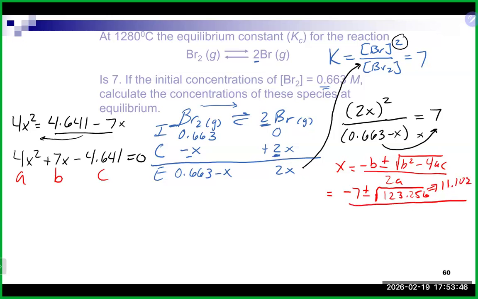That's all divided by 2 times a, which is 4 times 2, which is 8.